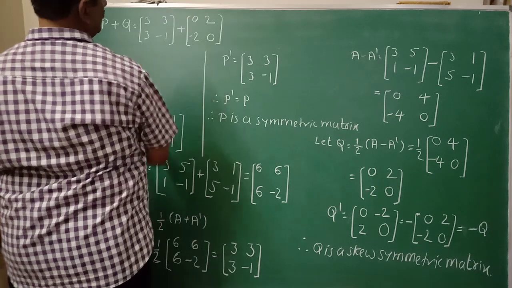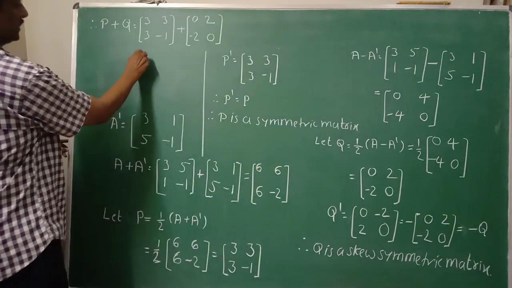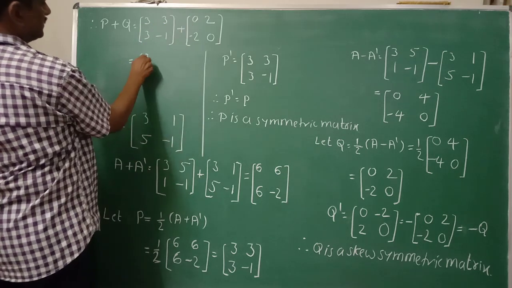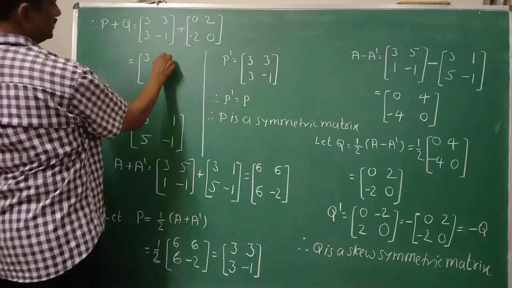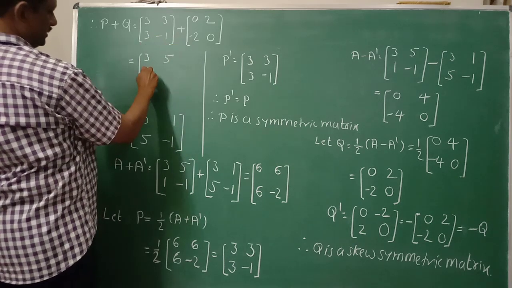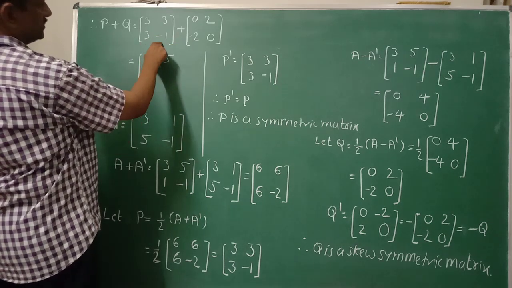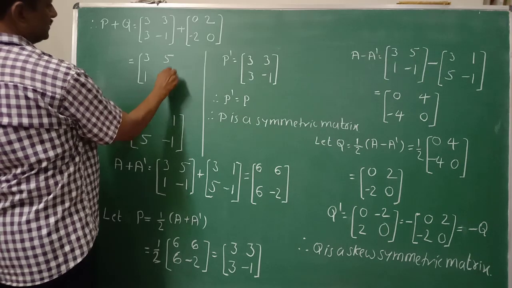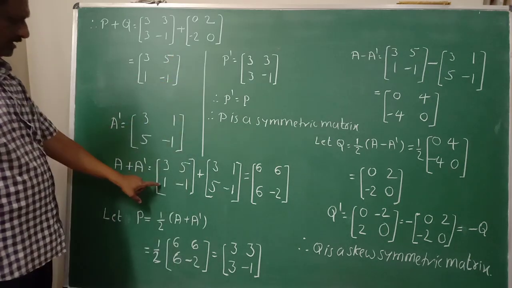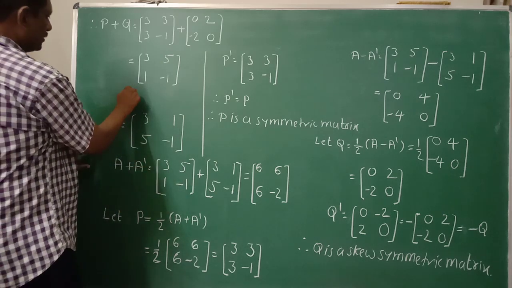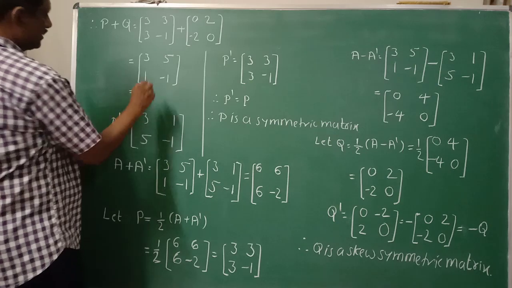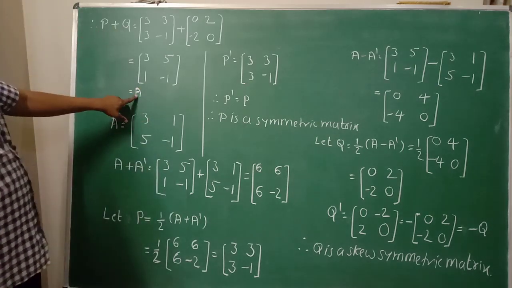Therefore, this is equal to: 3 plus 0 becomes 3, 3 plus 2 is 5, then 3 minus 2 is 1, minus 1 plus 0 is minus 1. Then obviously this is a matrix. Therefore, P plus Q is equal to A.